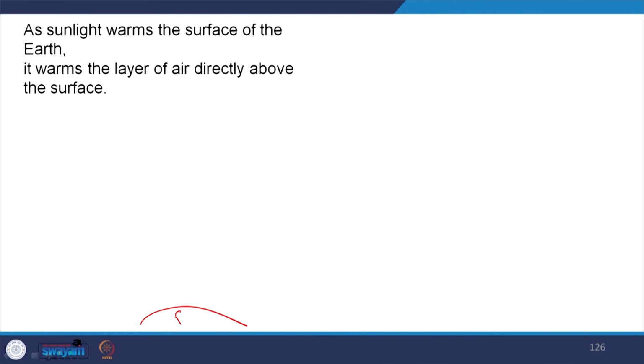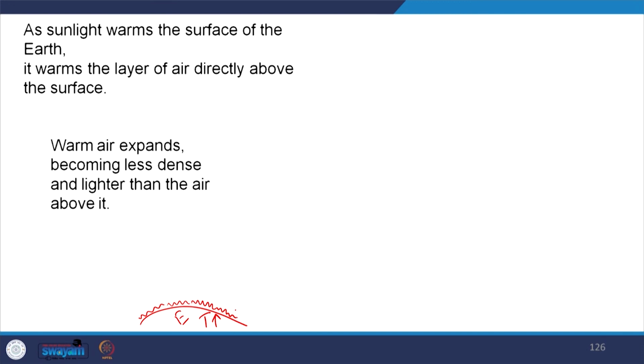As the sun warms the surface of the Earth, it warms the layer of air that is directly above the surface. Now, we specifically know which part of the radiation is the one which reaches the Earth's surface and increases its temperature. Right. What I am trying to say here is, as the temperature of the Earth's surface increases, the layer of air that is immediately above this surface naturally gets heated.